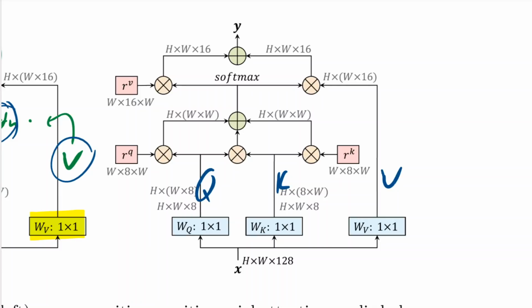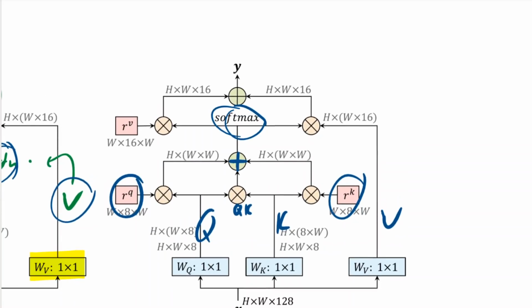Namely, we do this query key multiplication right here, but we also multiply the query by these positional embeddings for Q. We also multiply the keys by the positional embeddings for K, and all of this together, so this is a big plus right here, all of this together is routed through the softmax. Okay, and now the diagram is a little bit complicated.